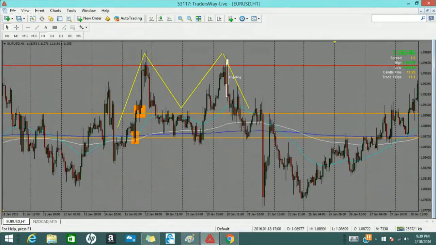Then immediately what we see off the second leg is a major quick move and an engulfing candle right here. You see this white box right here? That's what I want to see.